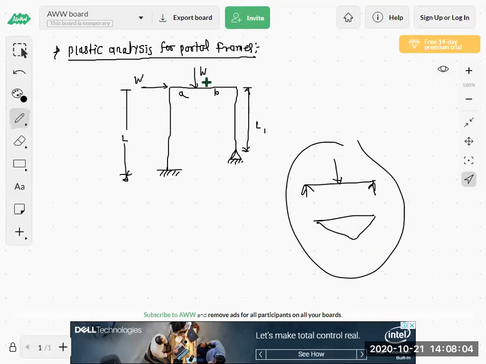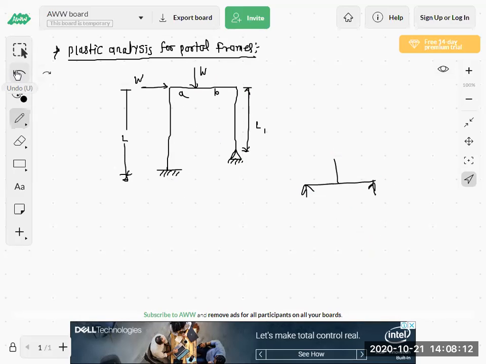But in the portal frame, we have to calculate how many mechanisms are required for the plastic analysis. So how to calculate this minimum number of mechanisms?